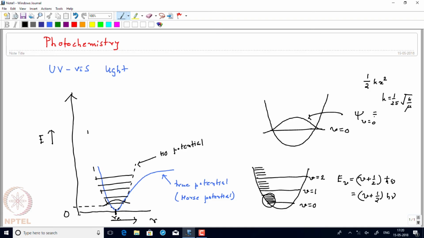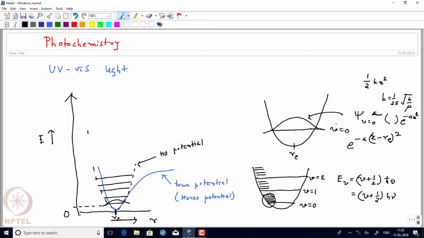It will go as some normalization constant times e to the power minus a x square, and to be more precise, e to the power minus a (x minus r equilibrium) square. So r equilibrium is the center, and the Gaussian is centered around the equilibrium position.